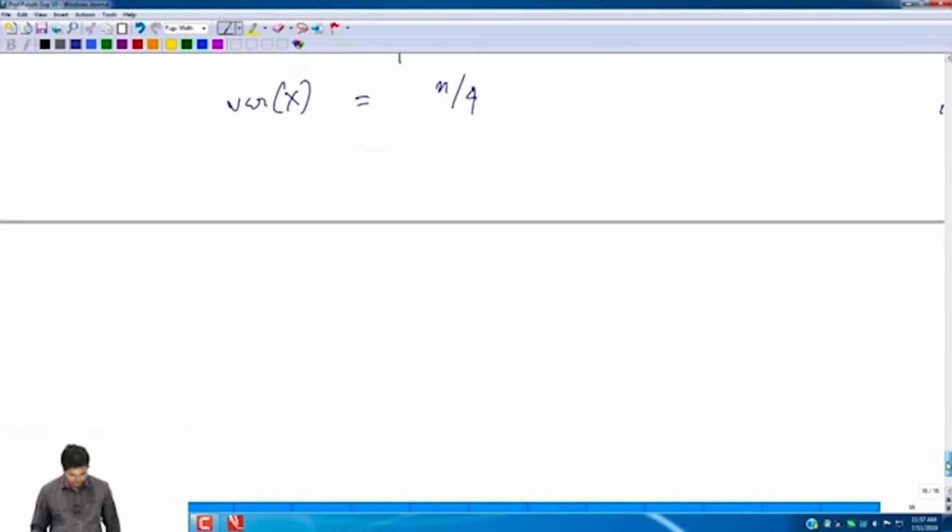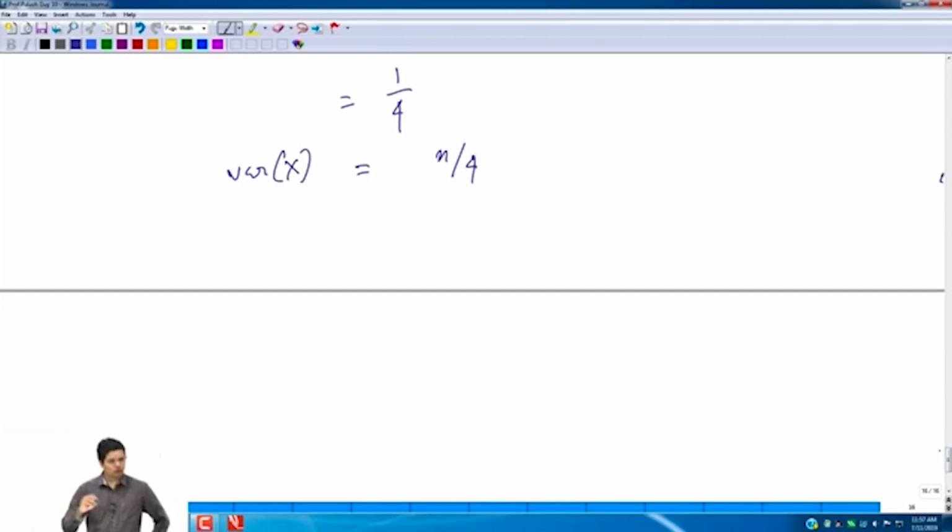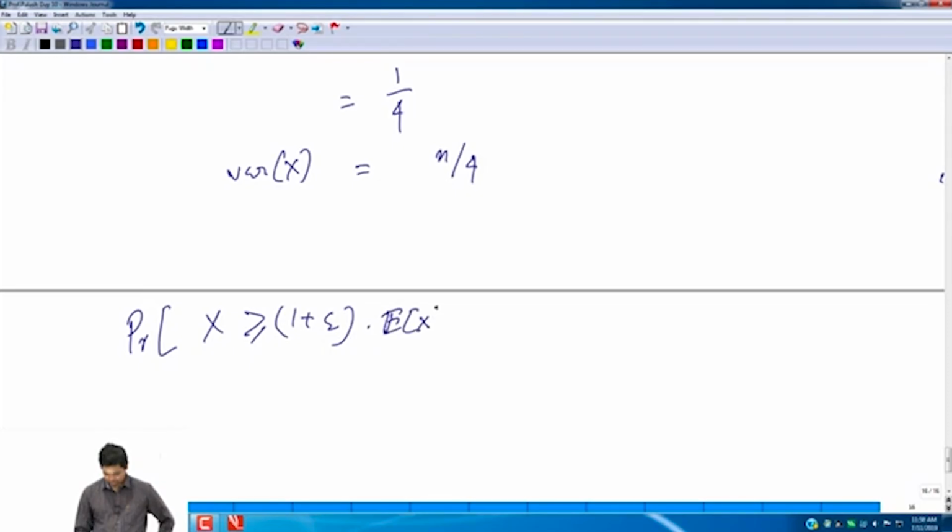And let's see, now we apply Chebyshev to our coin tossing example, and we were sort of interested in the probability that x takes value more than 1 plus epsilon times expectation of x, isn't it? Markov gave 1 by 1 plus epsilon.